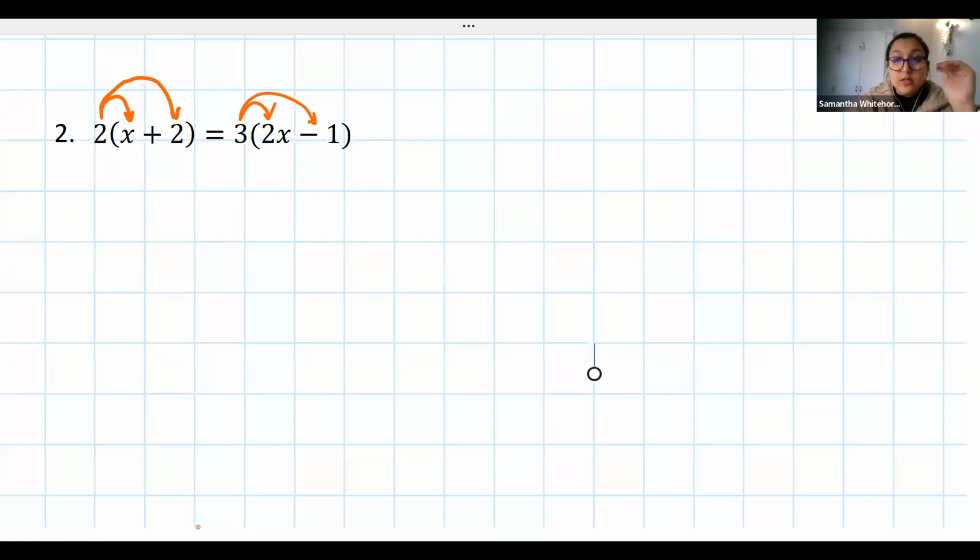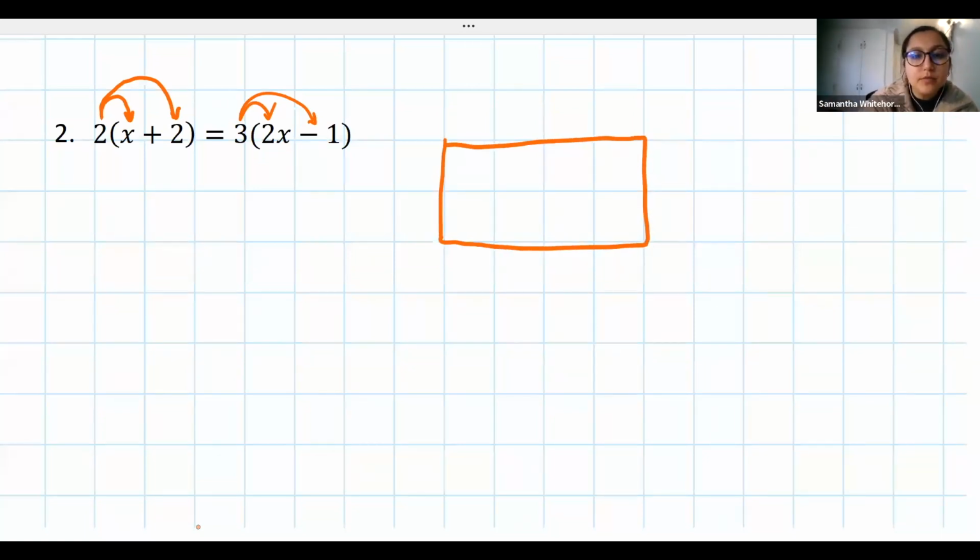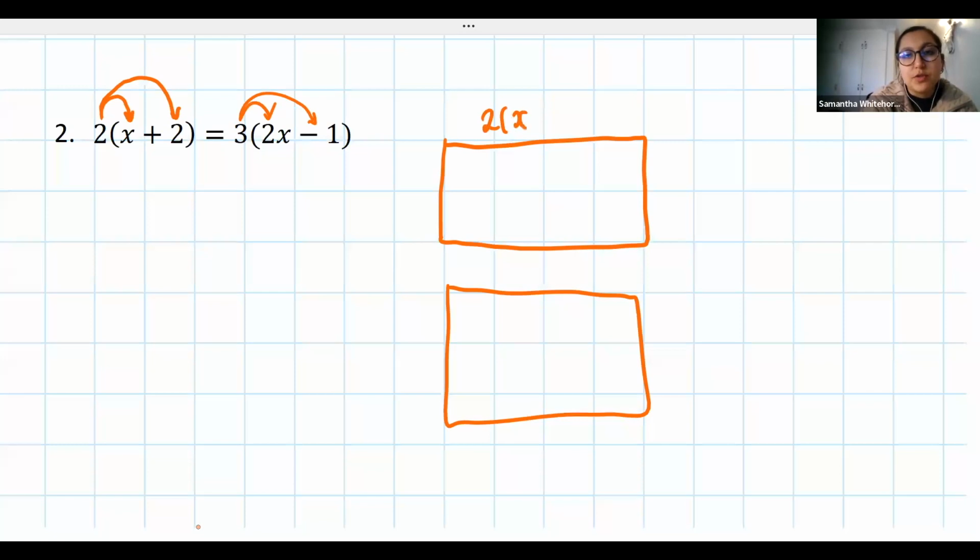All right, so guys, we distribute. That means that, like I say, as Vogan told us, this is multiplication and we need to do it properly. So I'm going to set up two little working out blocks here for myself so that I can do the distribution on each side. This first block is going to look at the distribution of 2 times x plus 2, and the second 3 times 2x minus 1.